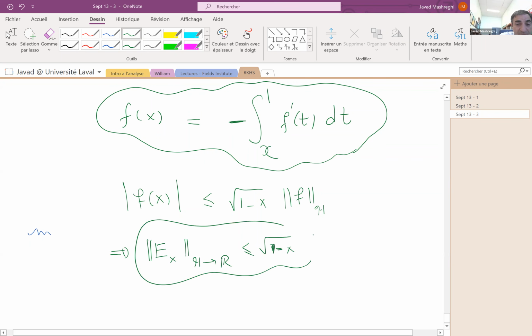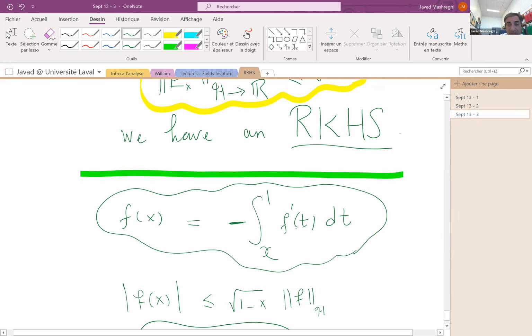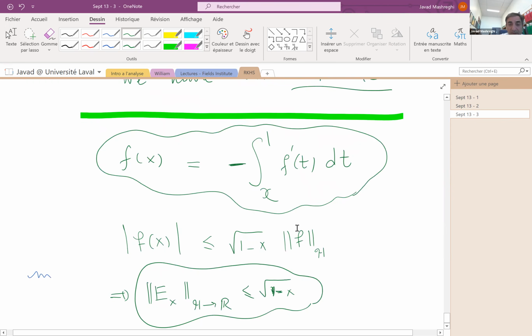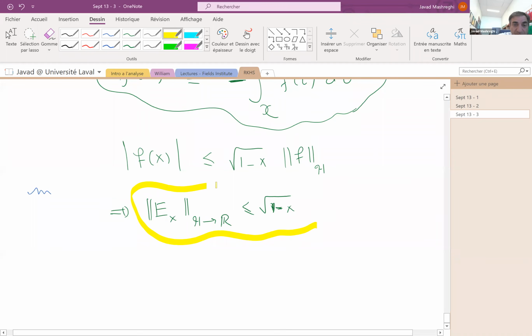So at least I have two, one here, less than root x, another one here, less than root of 1 minus x.